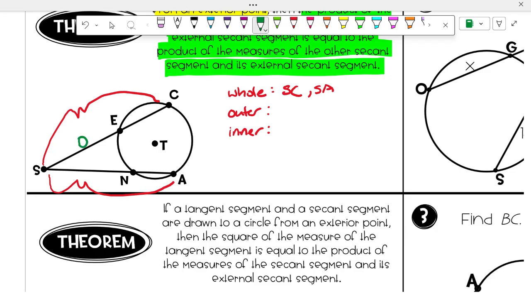SE. What about for SA? And then lastly, inner. That means inside the circle. So what are my two inners? NA and EC.